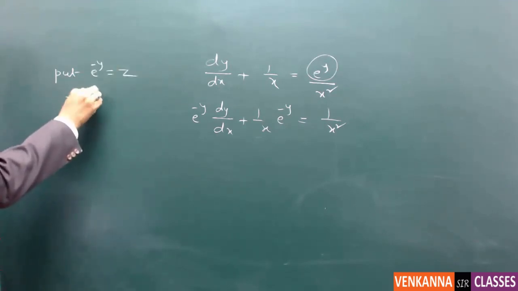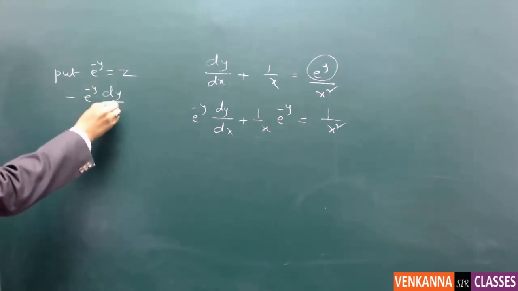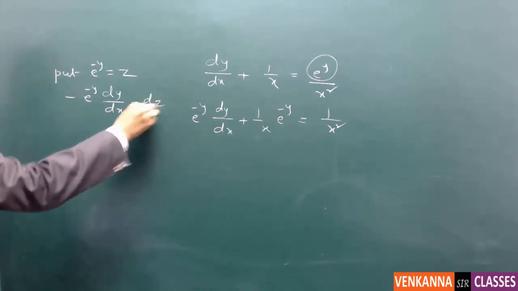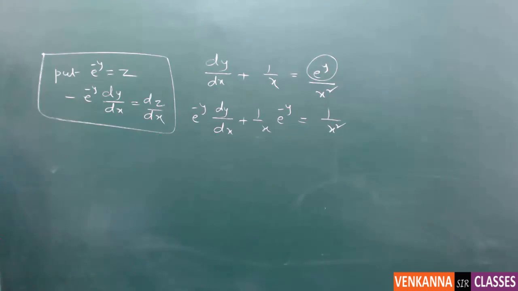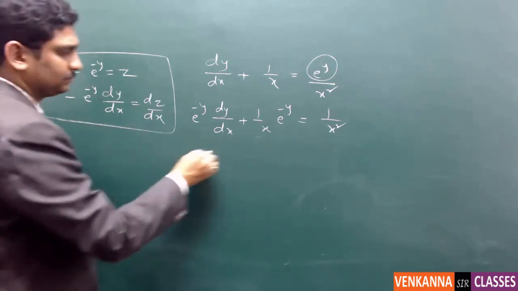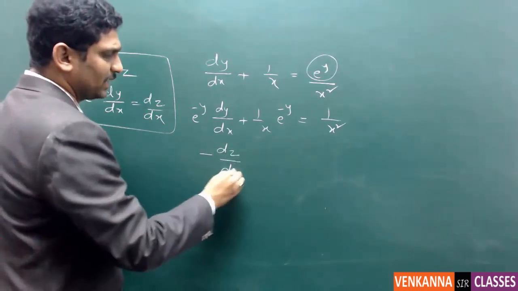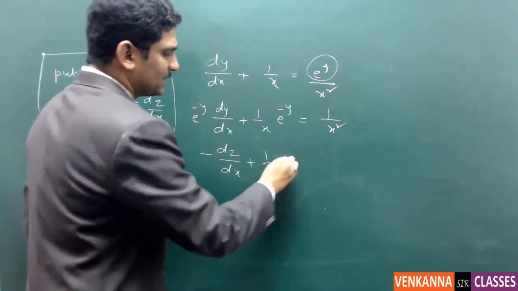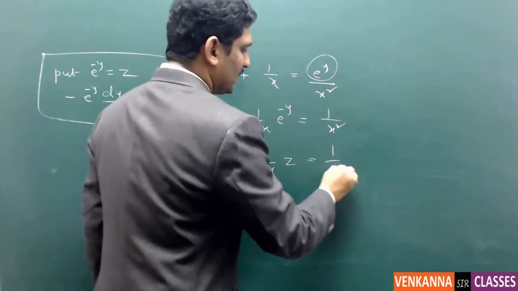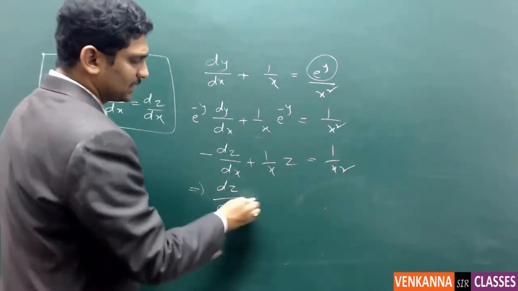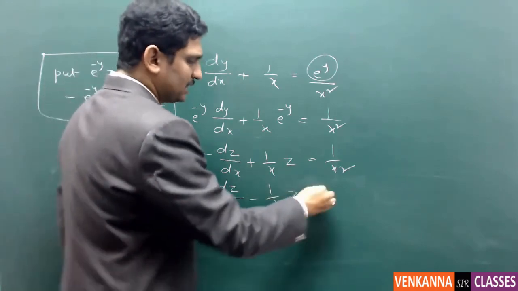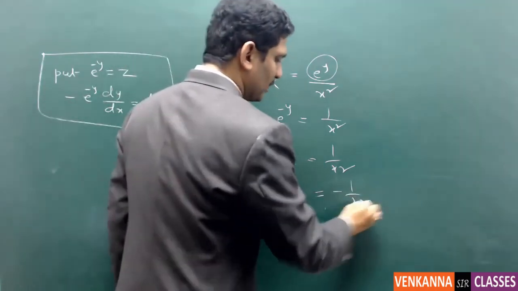So minus e power minus y into dy by dx is equal to dz by dx. Substituting the respective values here, minus dz by dx plus 1 by x into z is equal to 1 by x square, which gives us dz by dx minus 1 by x into z is equal to minus 1 by x square.